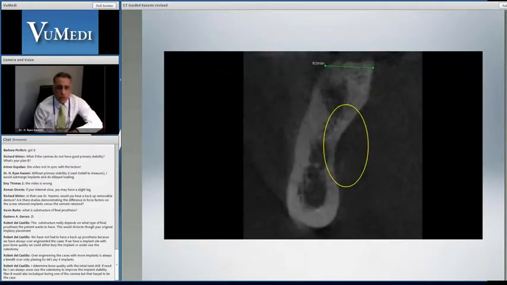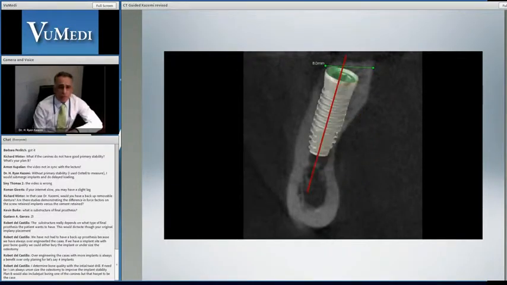And as we look at the cross-section, we notice that there is an exaggerated undercut at the lingual plate, at the submandibular space region. So if we glance at how we would position our implant, we can certainly place the implant safely and avoid the perforation on the lingual aspect.